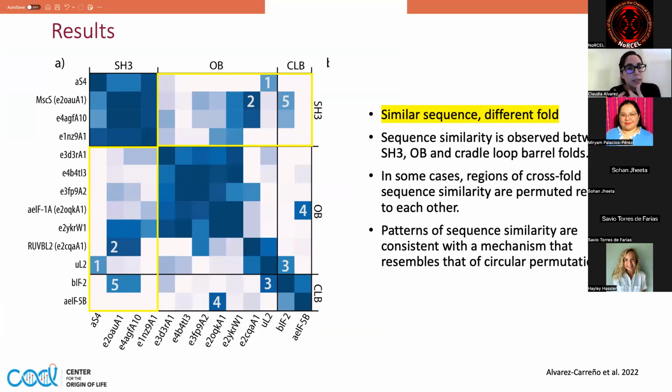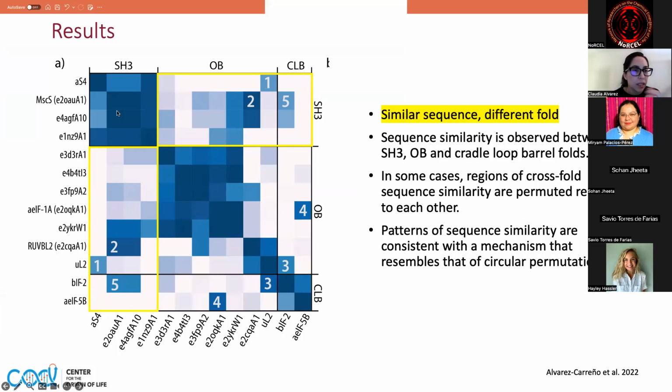So when we do a search of the similarities in sequence, we see many cases where there is similarity in sequence, even if the structure we know is not the same. So these cases are the key to unlock the mechanism of fold evolution.